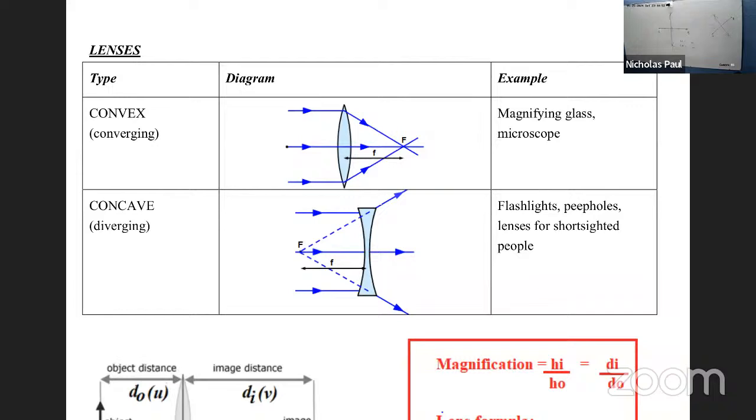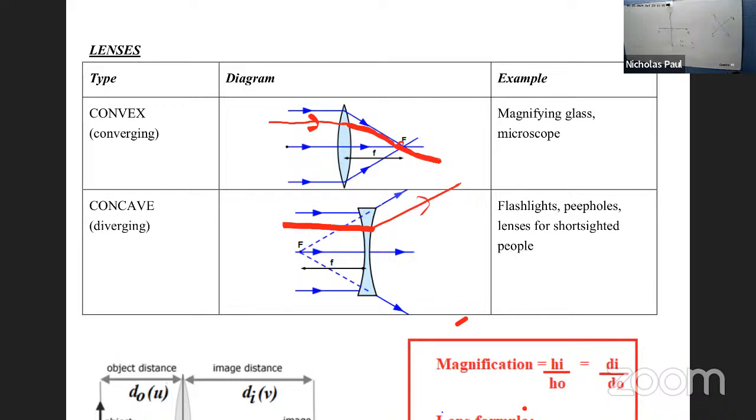It will make all the rays converge to one point, or it will make them move away. When a ray comes in here, it will push the ray into what we call a focal point, or it will push the ray out.